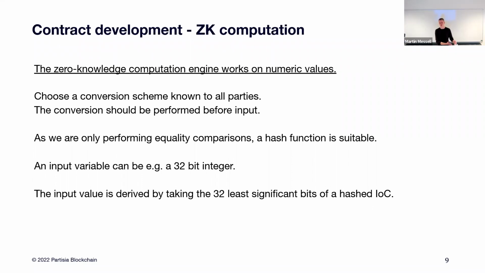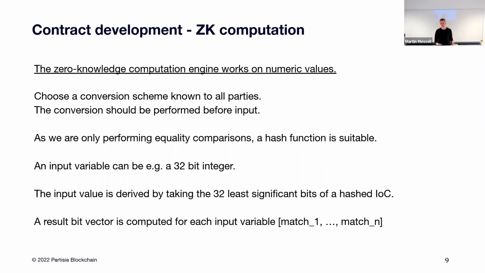So this is a way to go from the string down to an actual 32-bit numeric value that the zero knowledge computation engine will be able to compare to other values. And then we define the results of the ZK computation, which is a results bit vector, computed for each input variable, where there is a bit for each of the NGOs, if there is a match or if there is not a match.